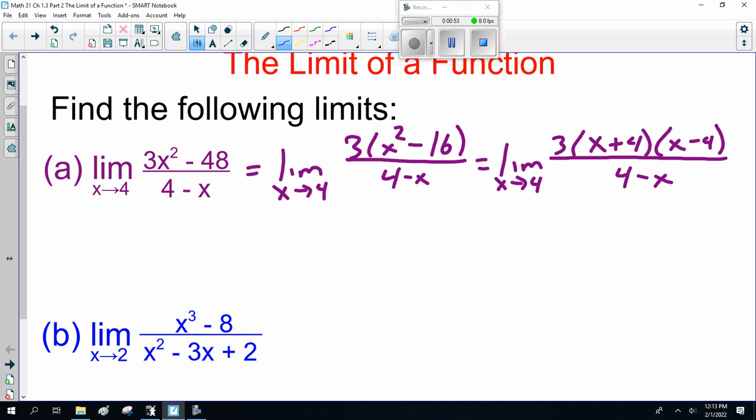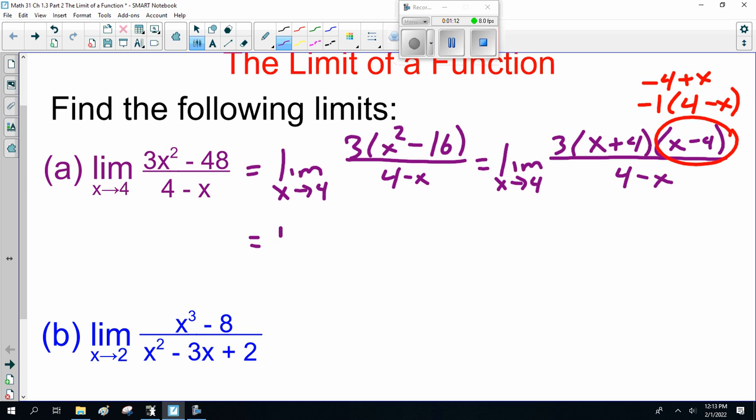Now, so far so good? And you've seen this trick before, 4 minus x and x minus 4. This I can rewrite as minus 4 plus x, or minus 1 times 4 minus x.